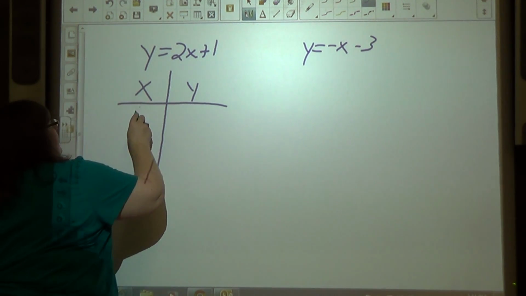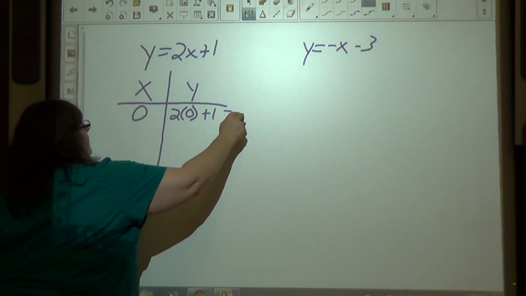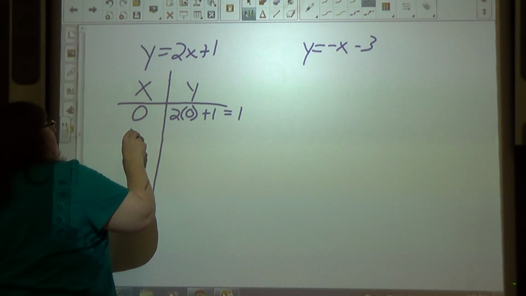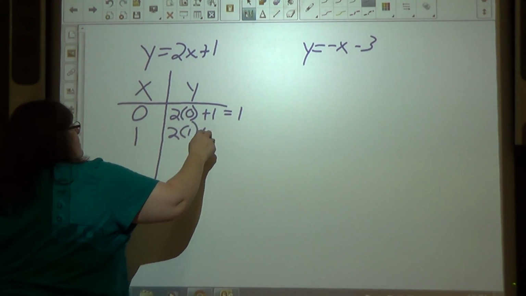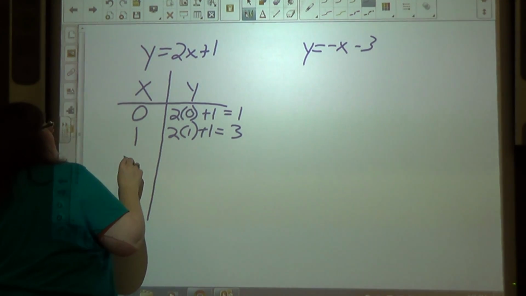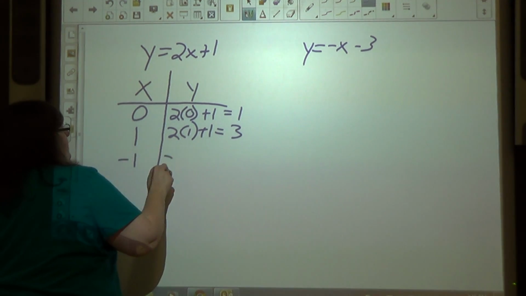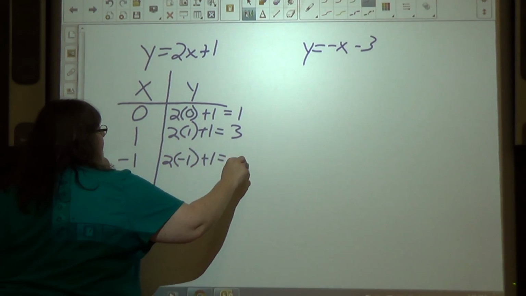If I put 0 in there, 2 times 0 plus 1, that's 1. Put 1 in there, 2 times 1 plus 1, that gives me 3. Okay? Put negative 1 in there, 2 times negative 1 plus 1, that's going to give me negative 1.